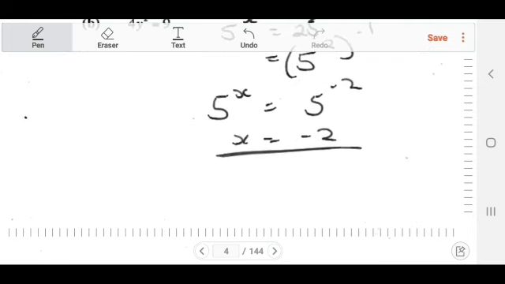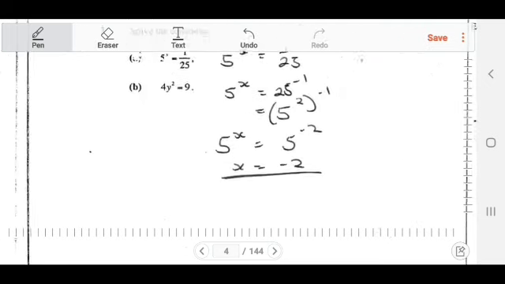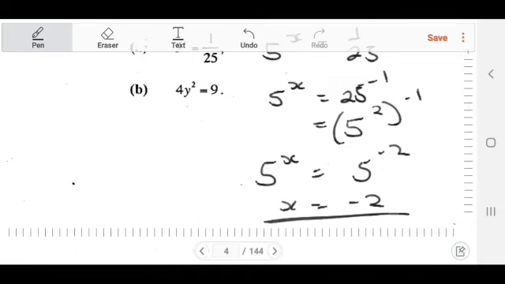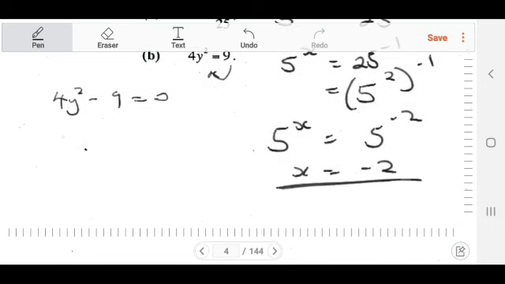Okay, then moving on to this one. We can have 4y squared minus 9 equals 0. If we move this 9 to the side, we now have difference of two squares, which is going to be 2y minus 3, 2y plus 3 equals 0.